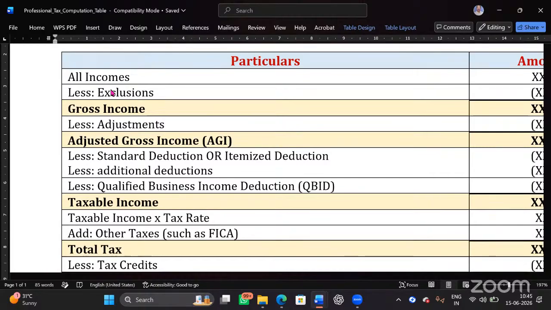And one more schedule is there, Schedule 3: credits. Even after calculation of tax, there is no need to pay the entire tax. Some more concessions are given in the form of tax credits. That list of credits is given in Schedule 3. Like ATC in India. Exactly, ATC in India.